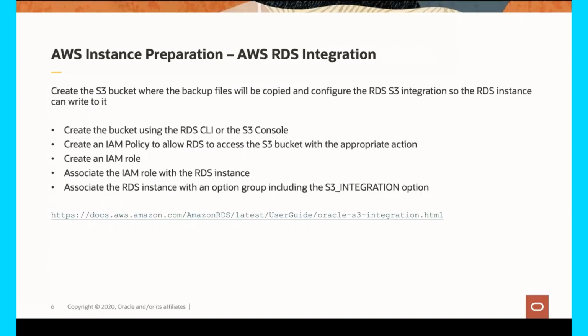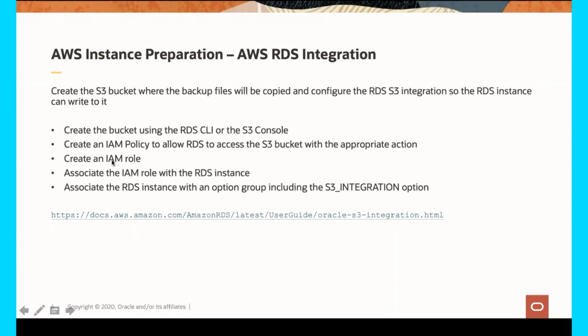So you need to grant the privileges to the RDS service to copy these backups to an S3 bucket. And again, you have the link here with the documentation with a complete step-by-step example of how to do that. But in short, you create an IAM policy to allow the RDS service to access the S3 bucket, the S3 bucket that we created here, with the appropriate actions.